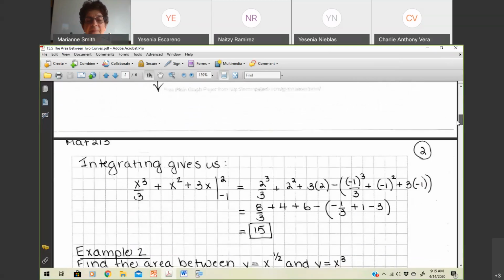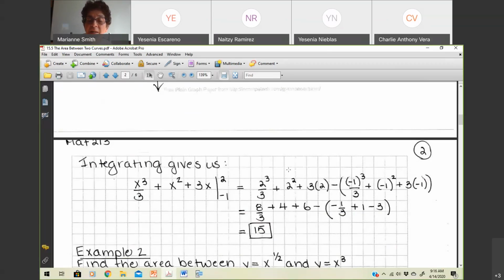Then, according to the fundamental theorem of calculus, see this evaluation bar? Expression when x is 2, that's this part here. And then I'm going to subtract the same expression. Notice it's in parentheses, because I want to subtract all of the individual terms, at -1.